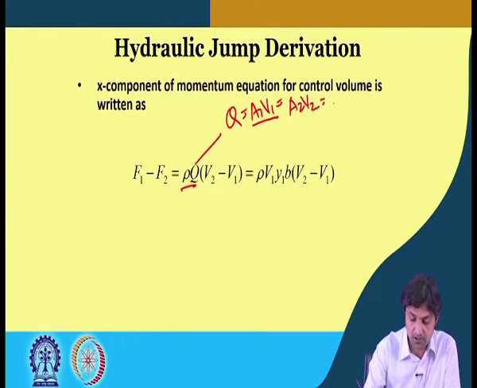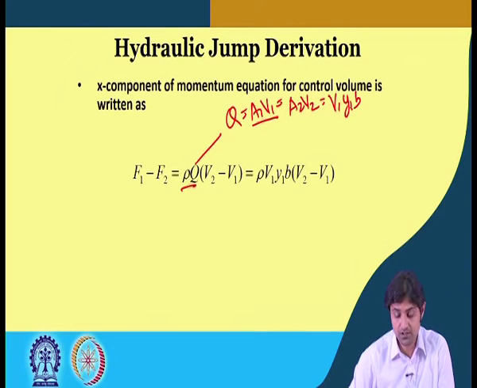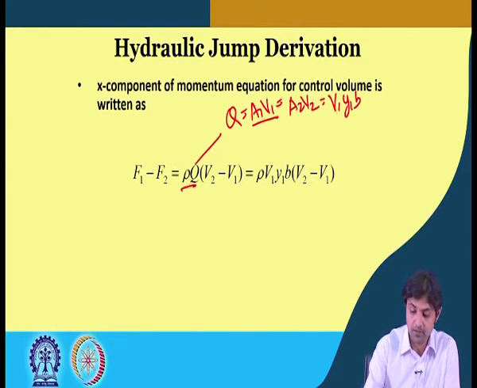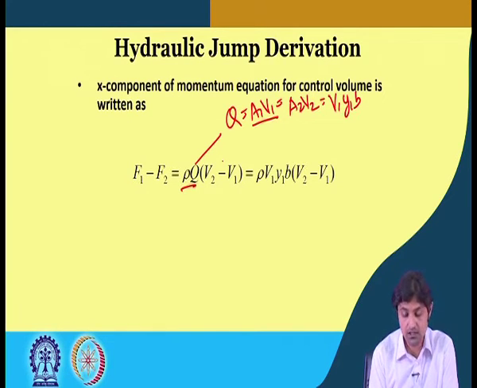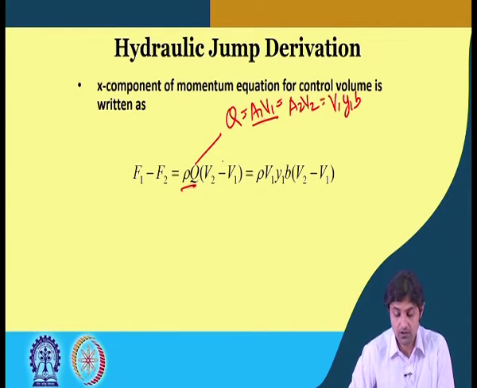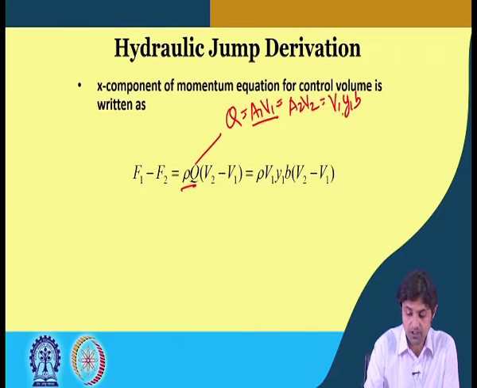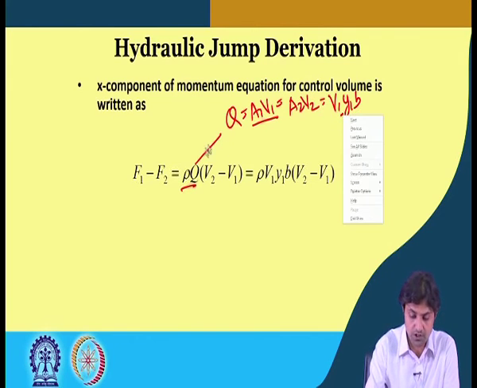So, A1 V1 is V1 Y1 into B, where B is the width, okay, multiplied by V2 minus V1, the difference of the velocities between sections 2 and 1. All right. So, we can actually use this equation here.